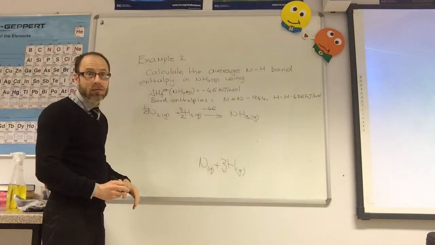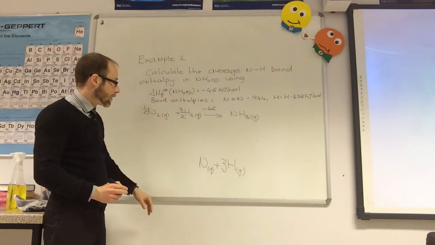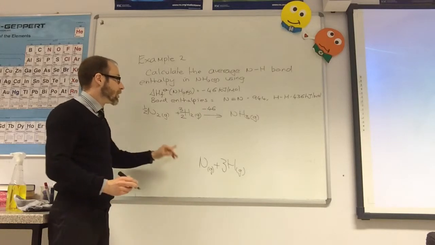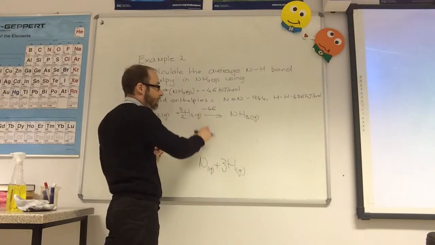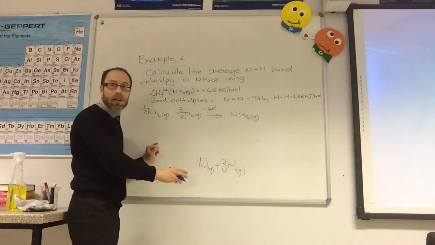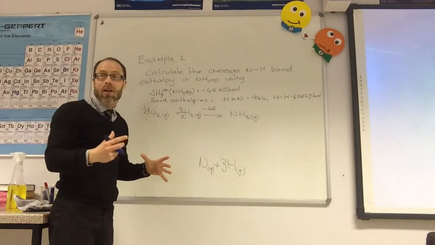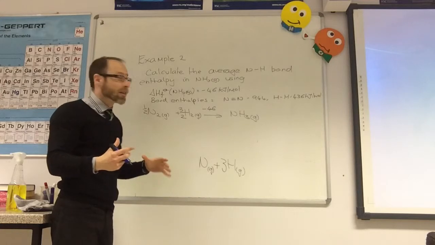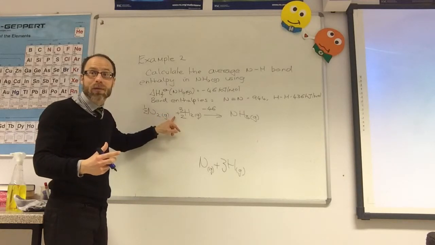Why is it not put in groups like N2? Because when I use bond enthalpies, the bond enthalpy is creating it from the gaseous atoms. It's creating the nitrogen bond from the gaseous atoms, rather than if we were using formation data, it would be from the elements in their standard states, but bond enthalpies is from the atoms.